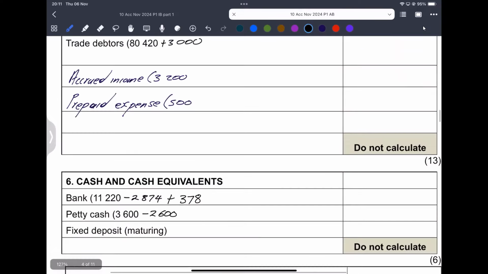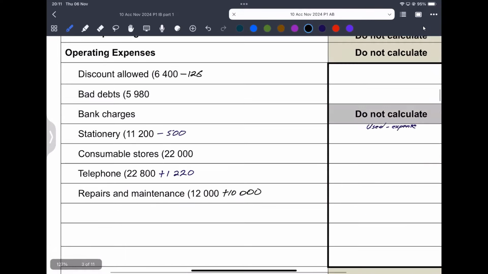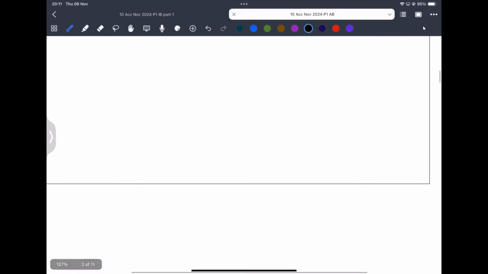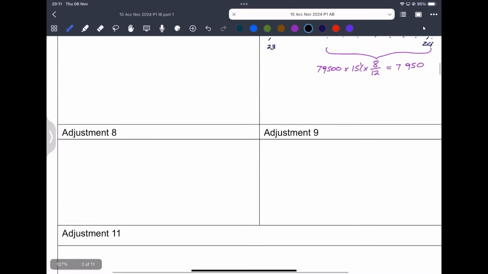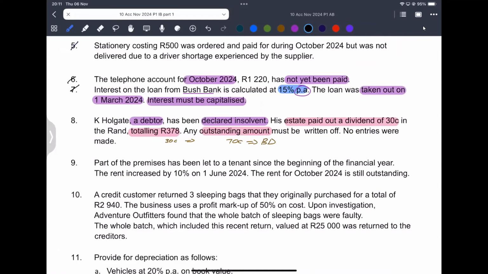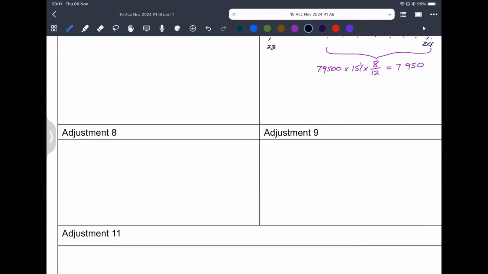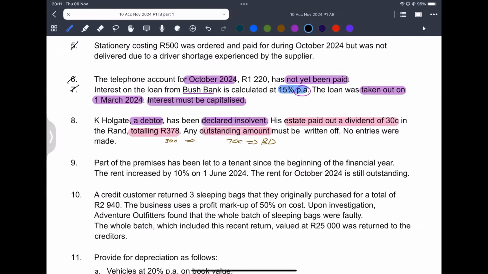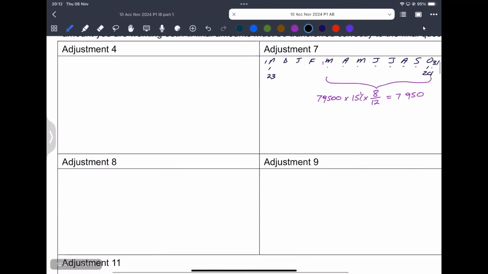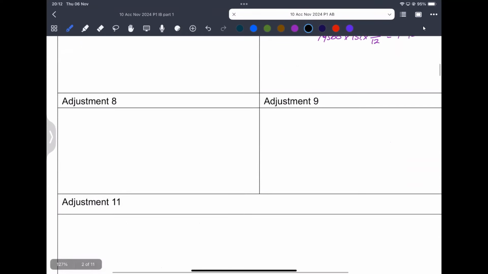However, this is only the 30 cents. We need to calculate the 70 cents that was not received and must be written off. So we know that it will be 30 is to 70, right?